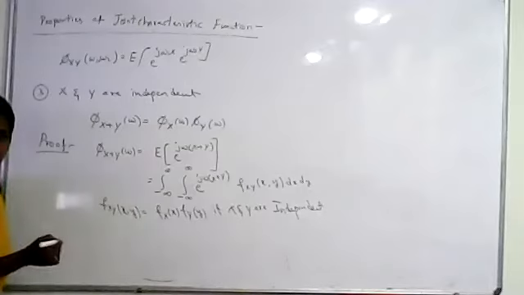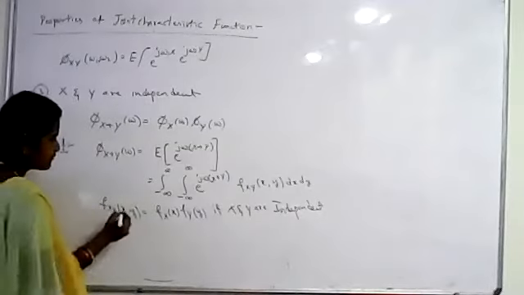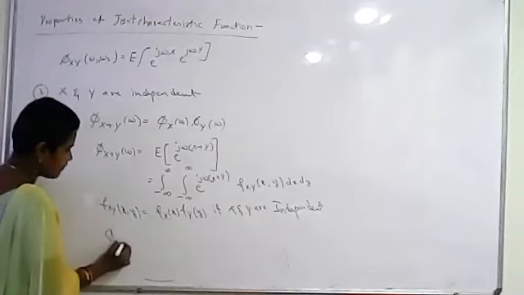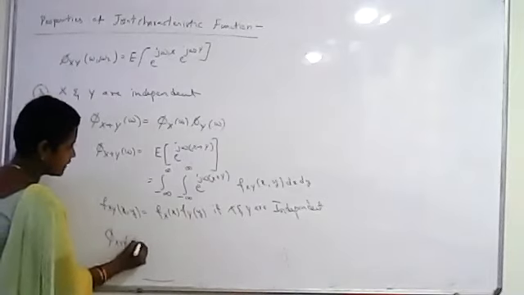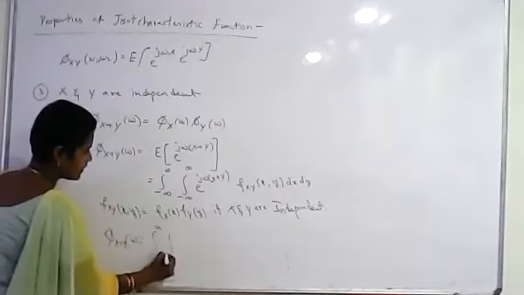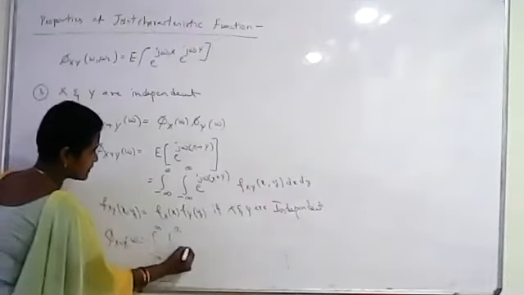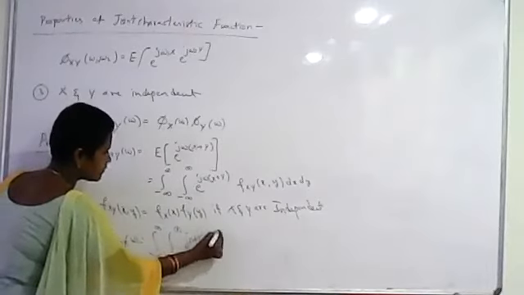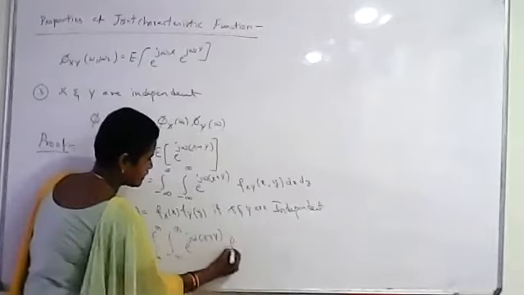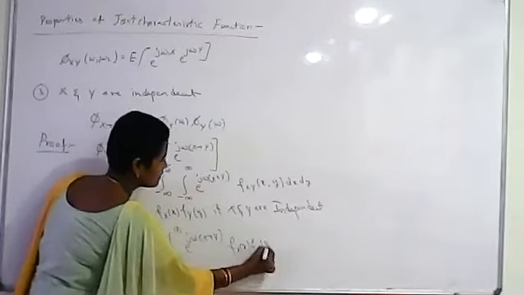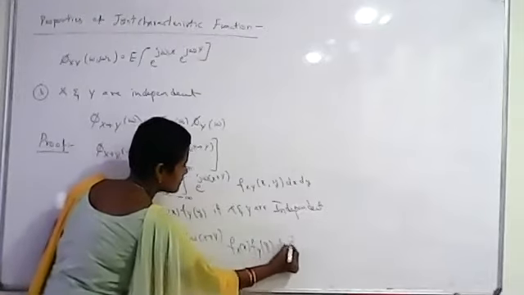Okay, so we substitute this in this equation. Now phi x plus y of omega can be written as integral minus infinity to plus infinity, integral minus infinity to plus infinity e power j omega x plus y, f x of x, f y of y, dx dy.